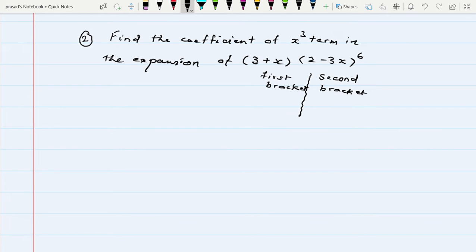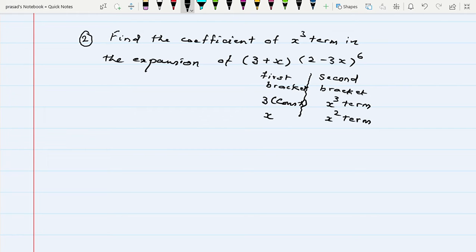In the first bracket, the term is 3, that is a constant. So if you multiply 3 by which term will you get the x cube term? That will be the x cube term in the second bracket. And in the first bracket the second term is x. So x multiplied by what will give you x cube? The x squared term. That means in the second bracket I have to find only two terms. I don't have to do the full expansion, but I will find only two terms.